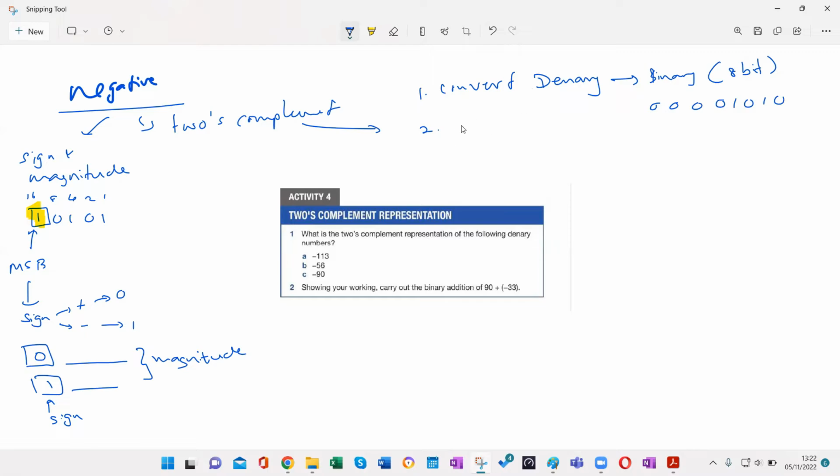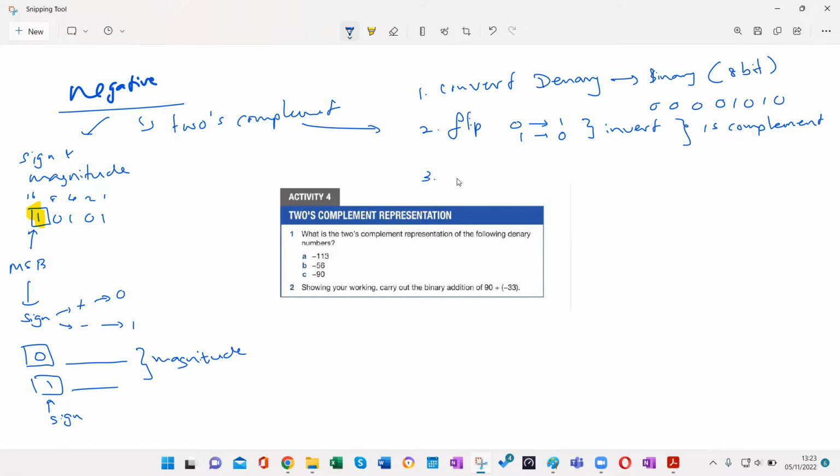Next step is to flip the bits. That means 0 will be turned to 1, 1 will be turned to 0. This is also called invert. Once you invert the bits, the result is called 1's complement.